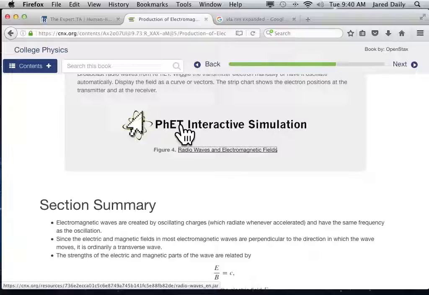So the length of the antenna is what matters. And it depends on what kind of signal you're sending out. There are different kinds of signals that are detected in different dimensions.